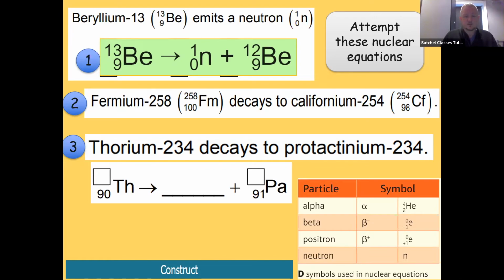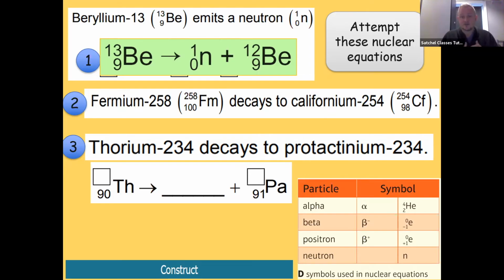Second example, fermium-258 decays to californium-254. Well, again, looking at this now, we've gone from 258 to 254, 100 to 98. The question doesn't tell us how it's decayed, but it does give us an indication that we're starting with an atom of 258, 100 fermium and changing to 254, 98 californium.